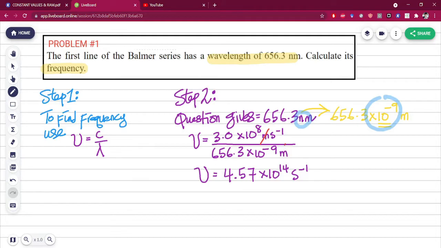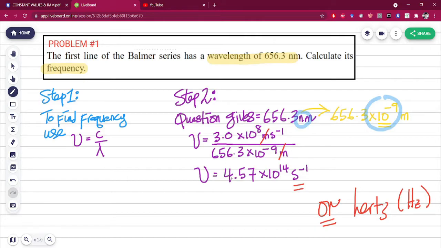When you cancel that out, you get per second as the unit of frequency, or sometimes they use hertz. So you need to be prepared for that. Sometimes you can write it like this, and it's the same as per second.